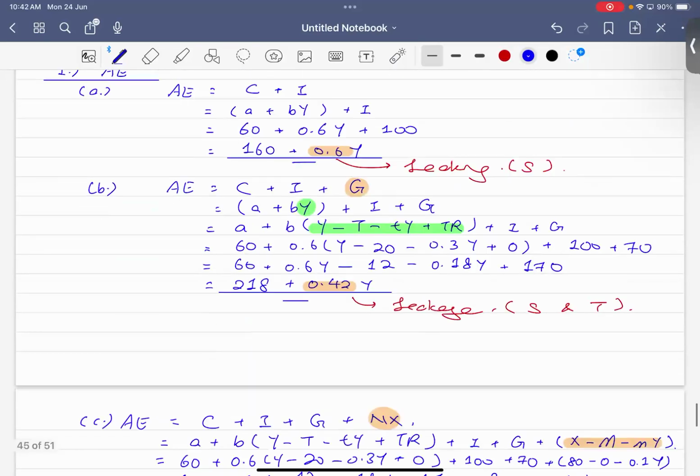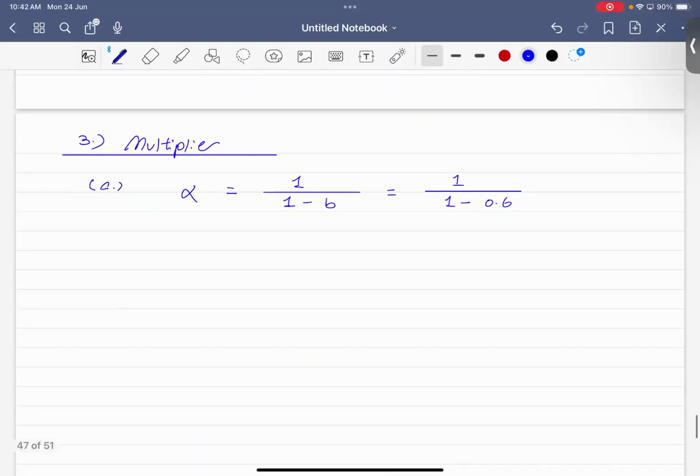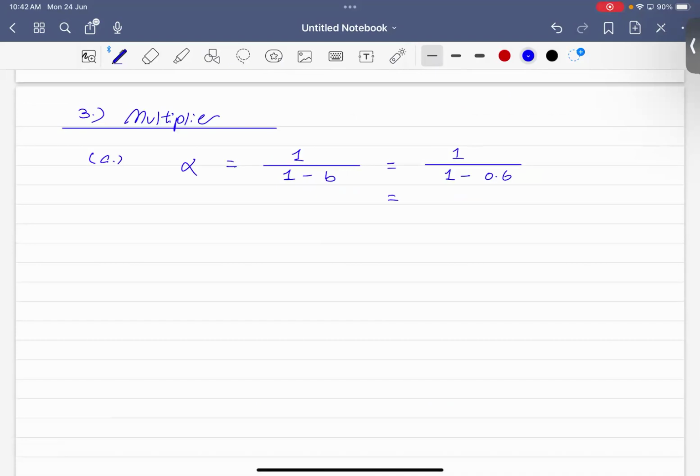This one students always score; they will not make mistakes. Later, the 3 sector and 4 sector, they will make mistakes already. So you calculate. How much is the multiplier here? It is 2.5. That means that when an injection comes into the economy, it will generate a multiplier effect of 2.5. So from an initial 1 million, it becomes 2.5 million. So there is a multiplier effect in between.